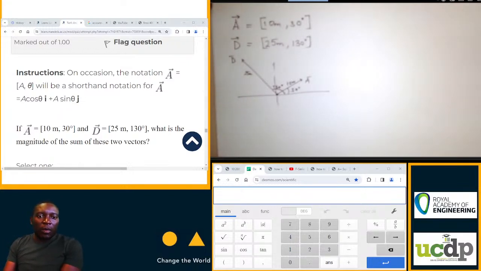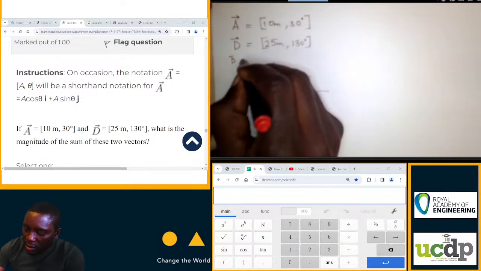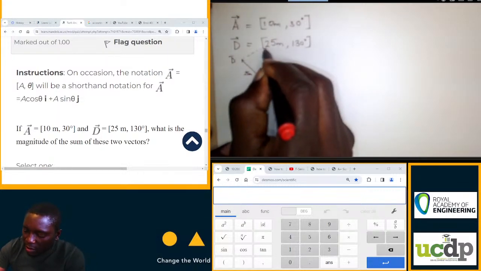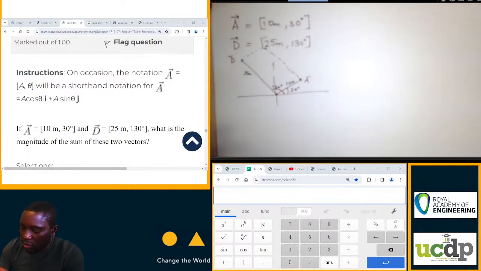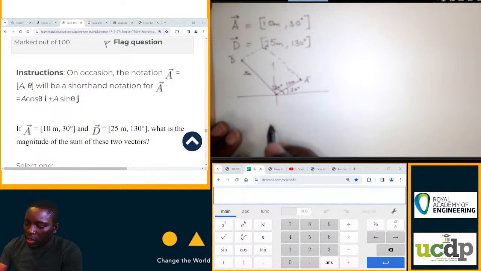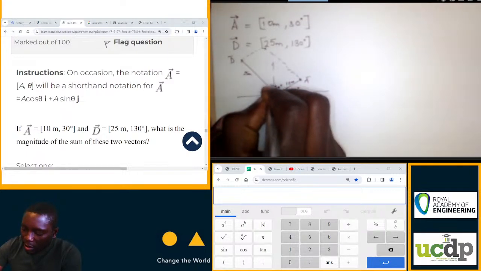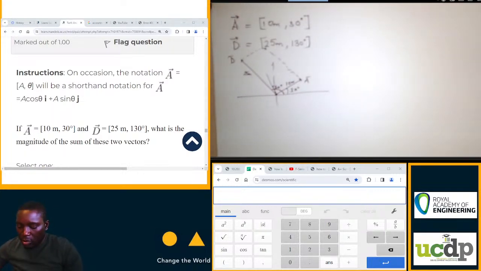Now, what is the magnitude of the sum of these two vectors? If we look at them graphically, I'm just doing this, it's not really necessary if you understand what you're doing. You would just go straight on to the working and get your answer.